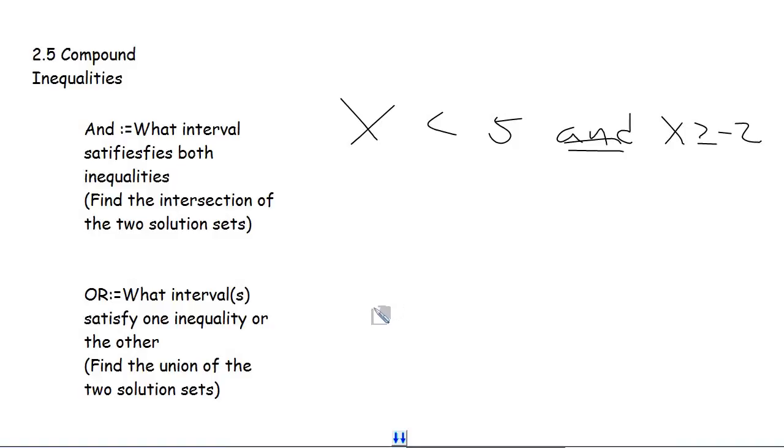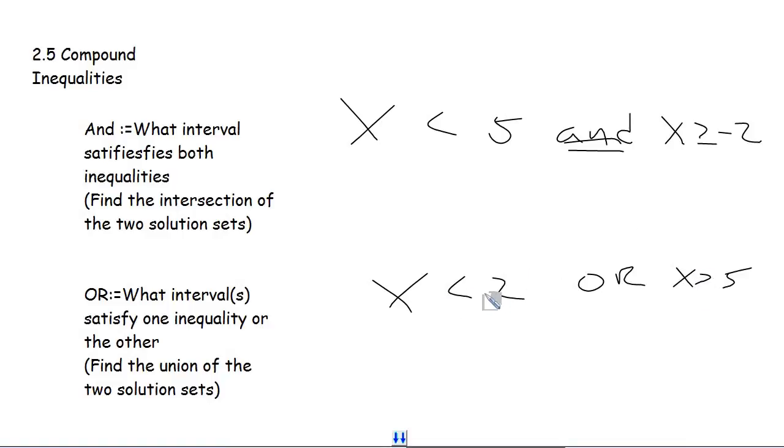Whereas if I just change the problem up a little bit, I say take x less than 2 or x greater than 5, then the problem is completely different. I don't want the numbers that are less than 2 and greater than 5.